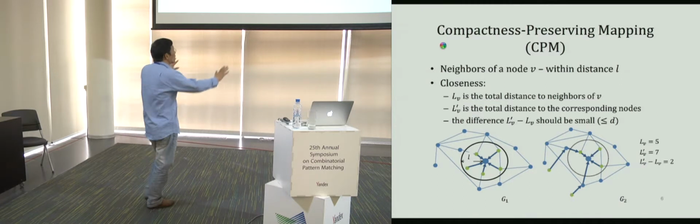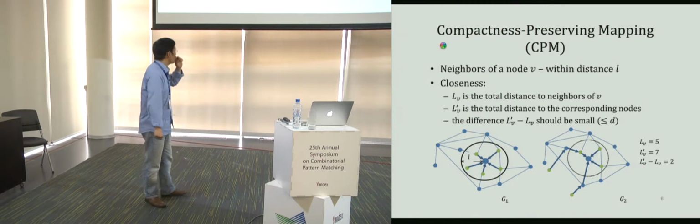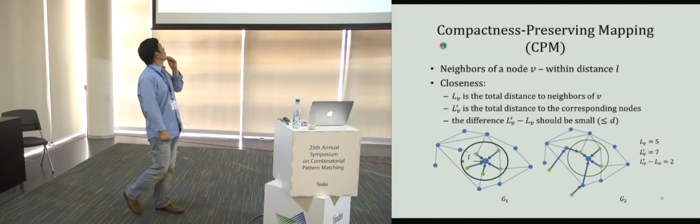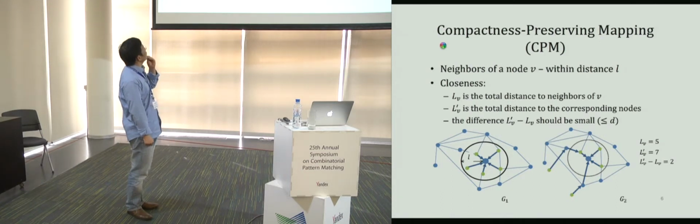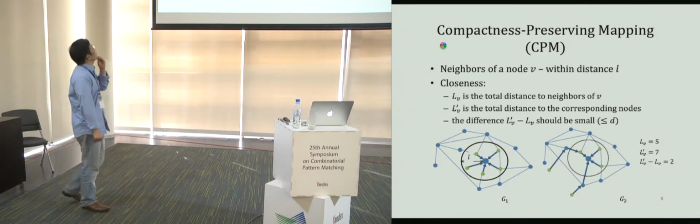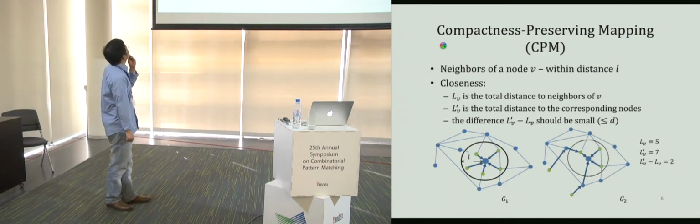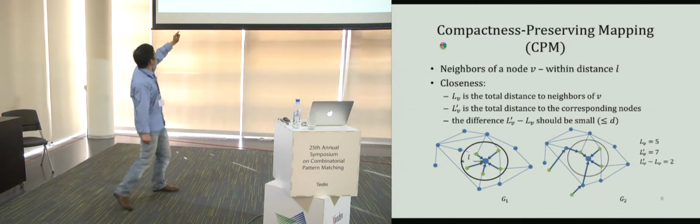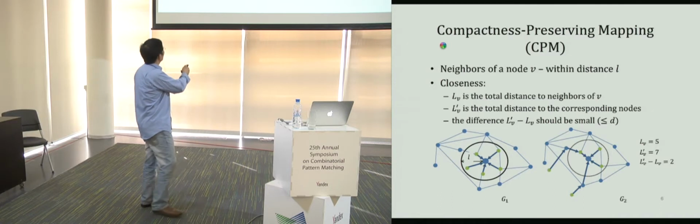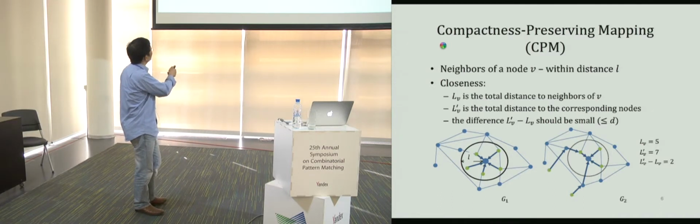Again, we have two graphs, the first one G1 and the second one G2. And we define a concept called closed list. What do we mean here? For a vertex V, okay, this is a vertex V.